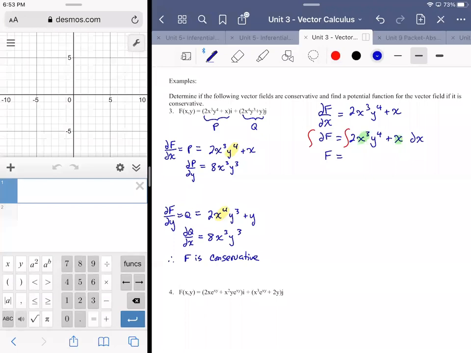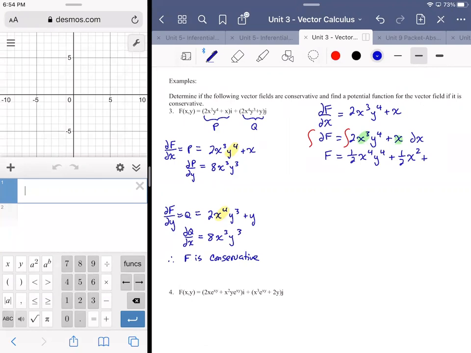The x cubed is going to become 1/4 x to the fourth. So 1/4 times the 2 is 2/4, 1/2, x to the fourth, y to the fourth, plus 1/2 x squared, plus some function that would differentiate to 0 if we took the partial derivative with respect to x.